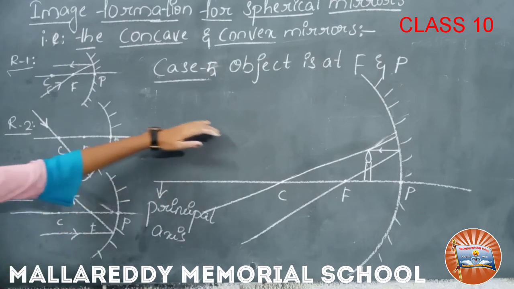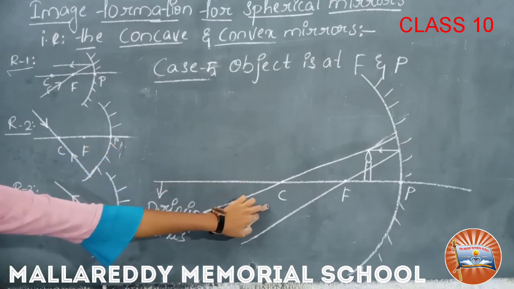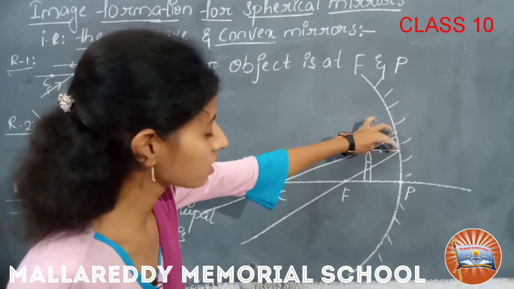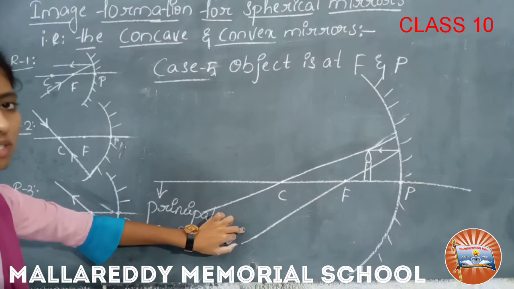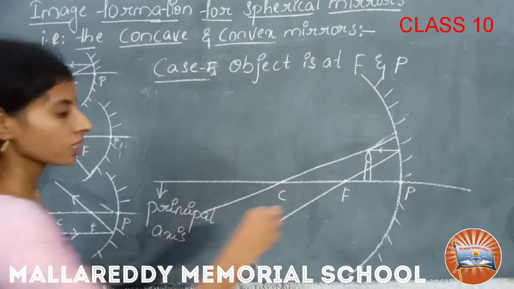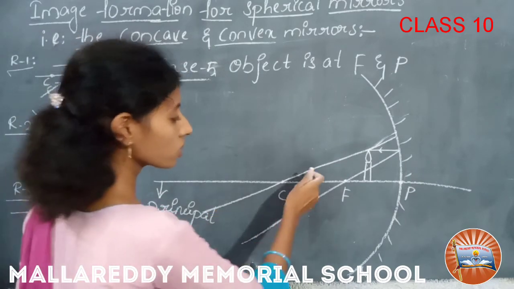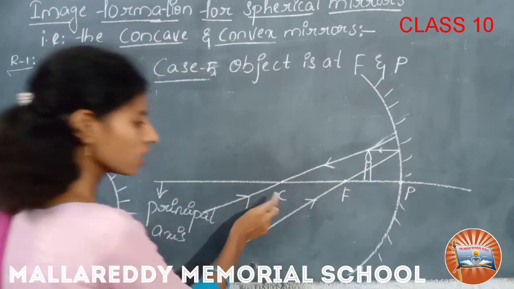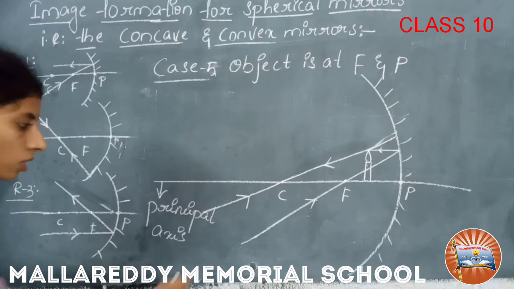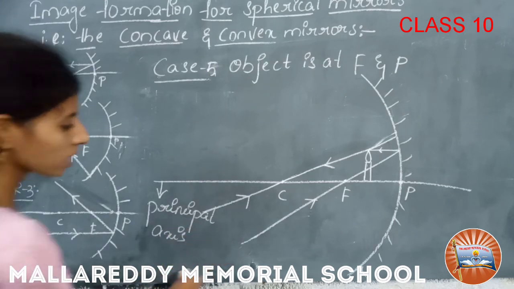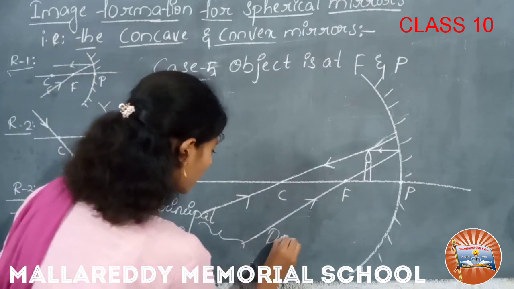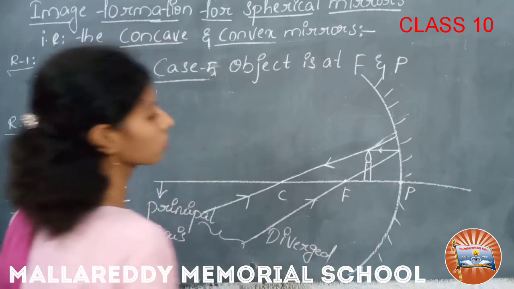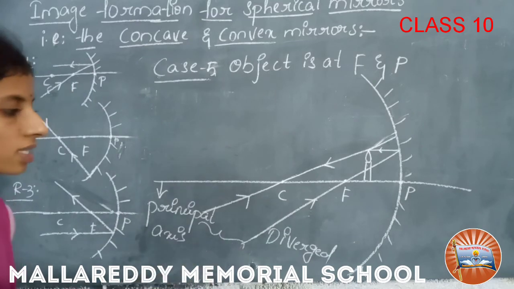So here, first of all, we have taken the light ray incident on the mirror and it is reflected through the principal focus. And next we have taken the light ray through the center of curvature and it is reflected through the same path, center of curvature only. Now see, these two rays are diverged here, right?